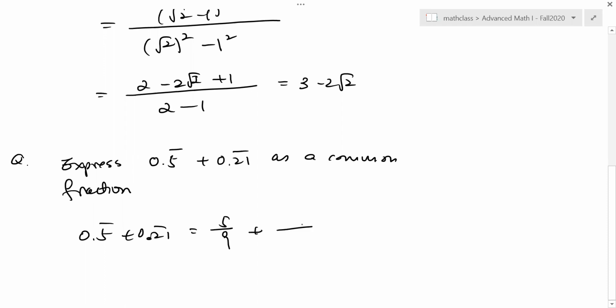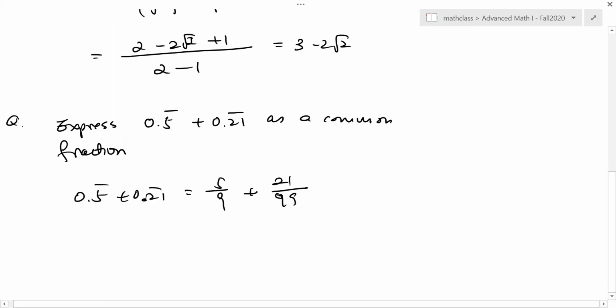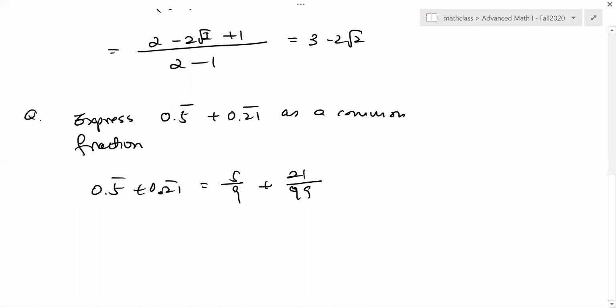And 0.21 bar is 21 over 99. If you know that, then you can combine them. So what you do is multiply to make a common denominator. And then 55 plus 21 is 76, over 99.